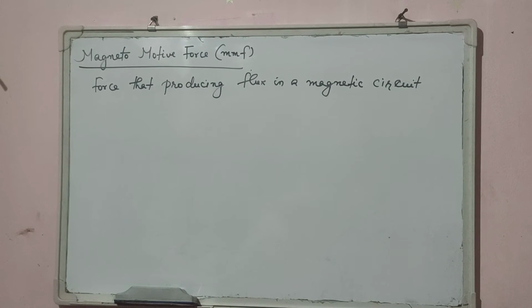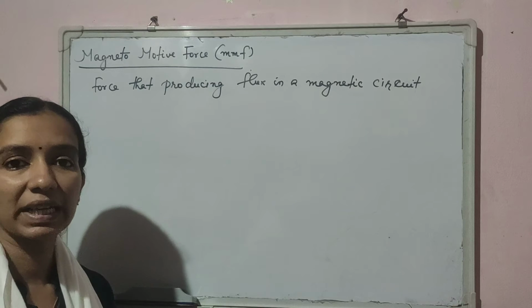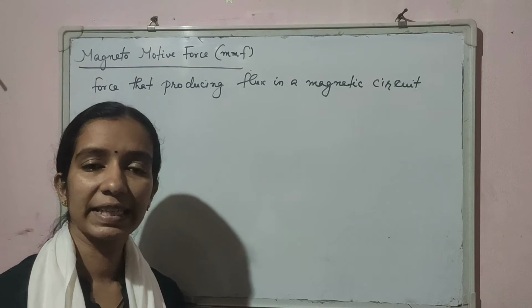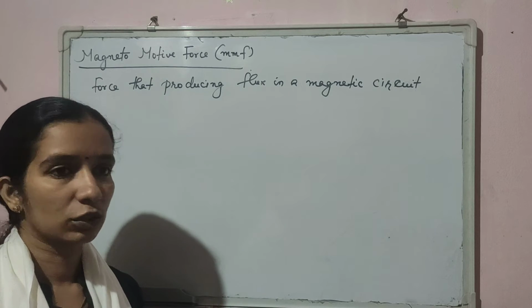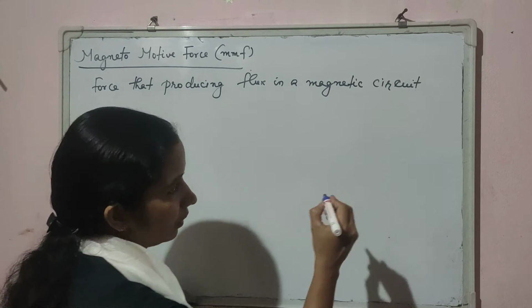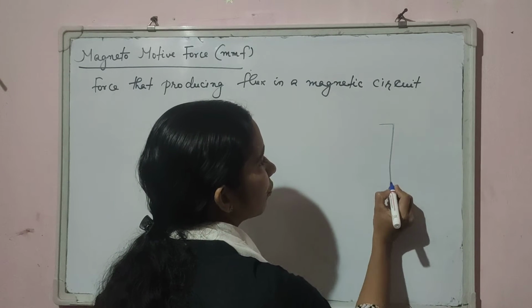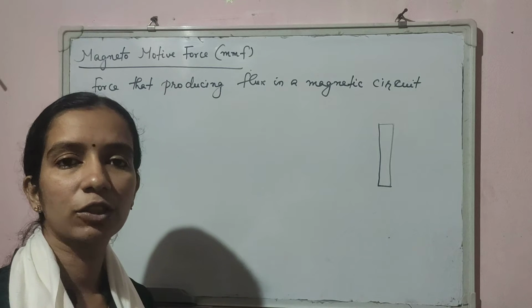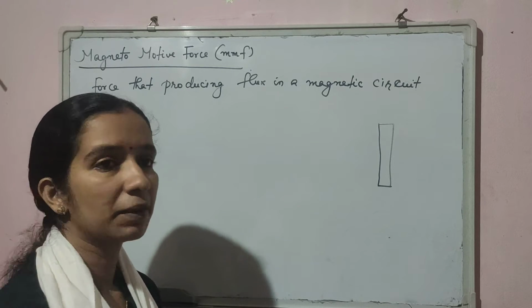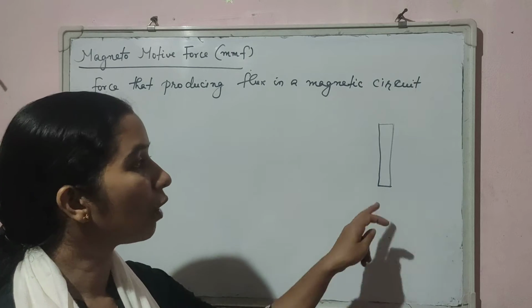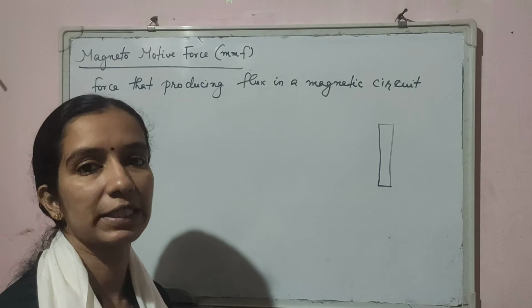So now let us see what is the expression for magnetomotive force. So we have studied electromagnets. So how can we produce an electromagnet? Suppose we have a piece of iron, and this can be converted to an electromagnet by passing current through a coil wound around this iron material.